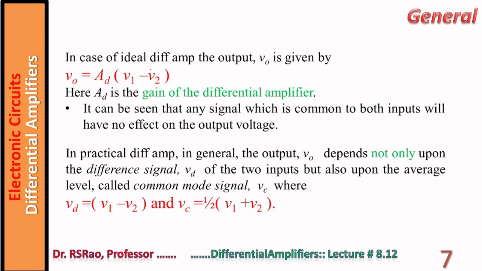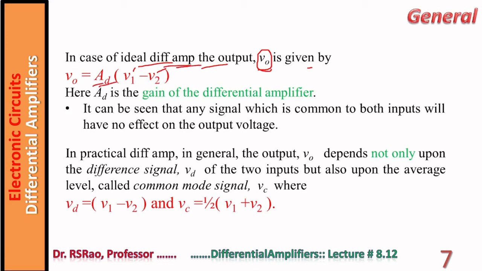Now, a few mathematics. In case of an ideal differential amplifier, the output V0 is given by V0 equal to AD times (V1 minus V2). V1 is input to one transistor, V2 is input to another transistor. Output depends upon the difference between these two because it is a differential amplifier.